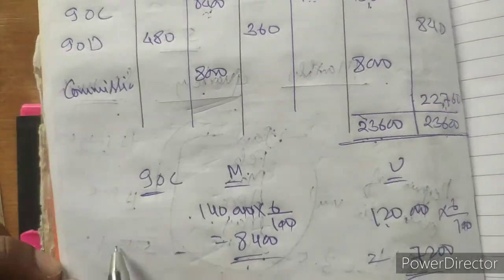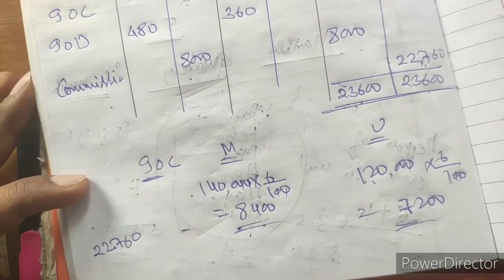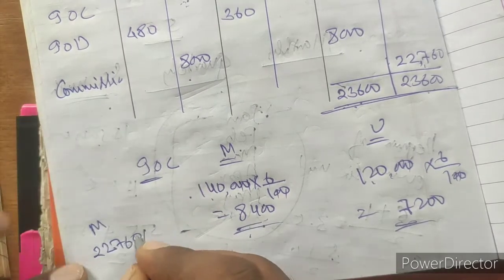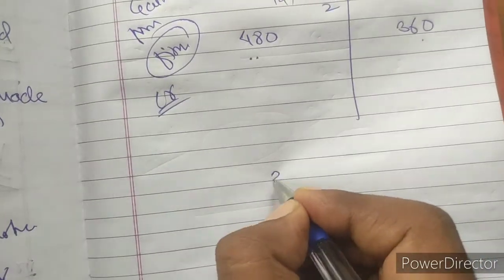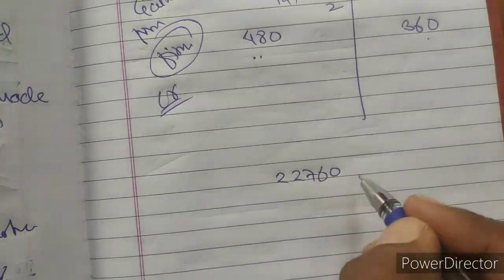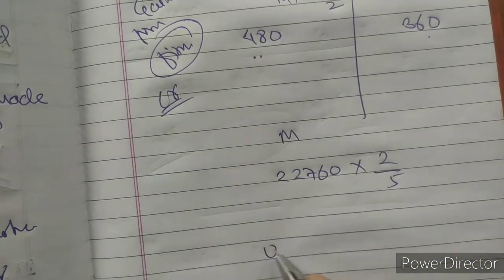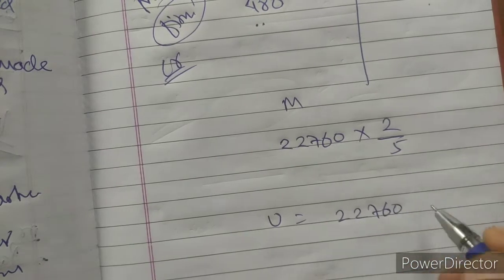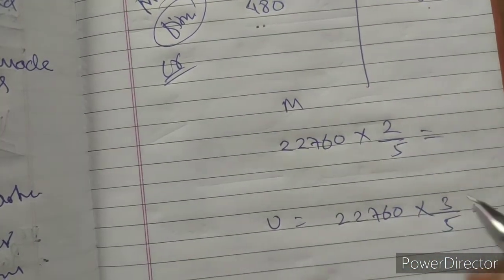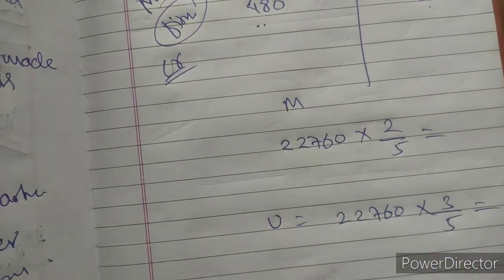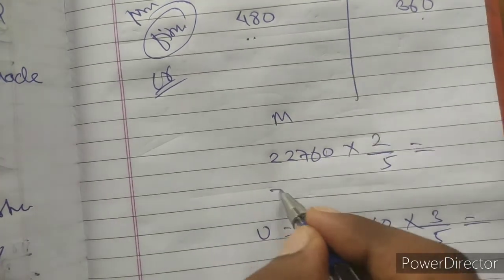क्या है अमाउंट? Amount is 22,760. Let me do it in a fresh way. 22,760 into 2/5, this is for Mita, 2/5 is the Mita share, and for USA 22,760 into 3/5. Clear. Calculate it nicely, otherwise it will be difficult.